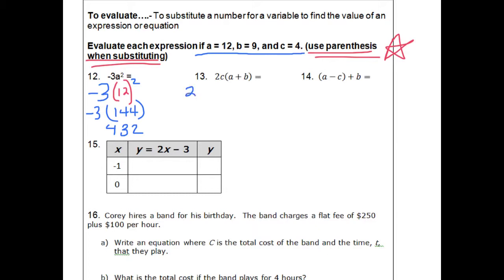We've got 2, but now I'm going to use parentheses to substitute in for C, which is 4. Now I already have parentheses in my equation, so I'm going to put those in blue. Let's do the substitution in red. So I'm going to substitute in 12 for my A, and then plus, for my B, I'm going to substitute in 9.